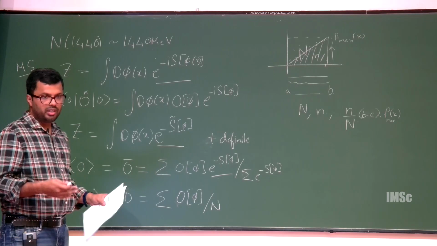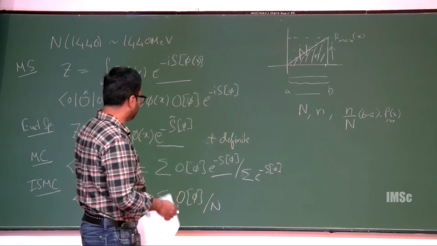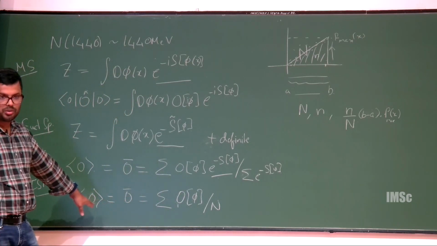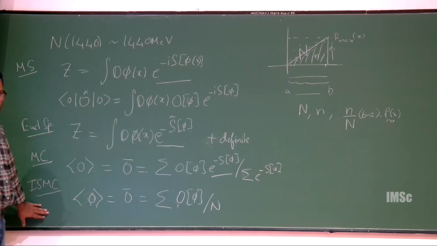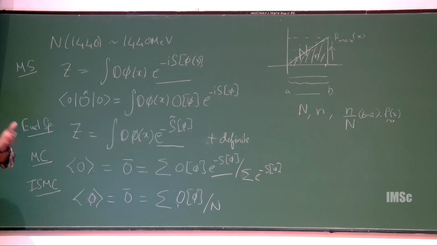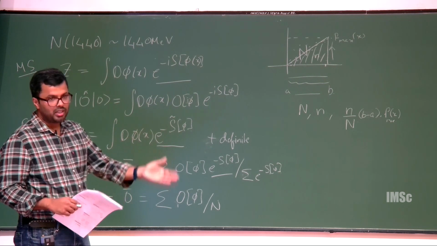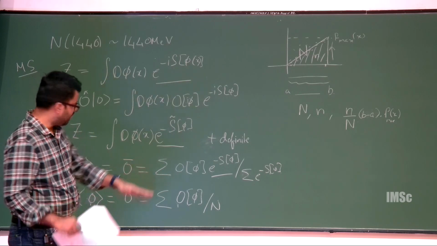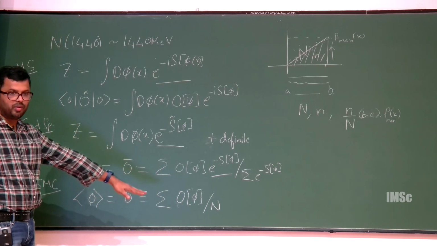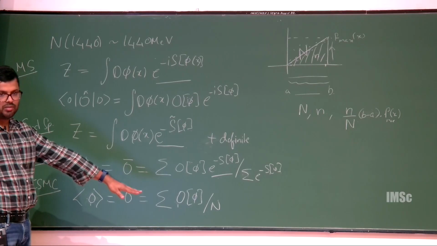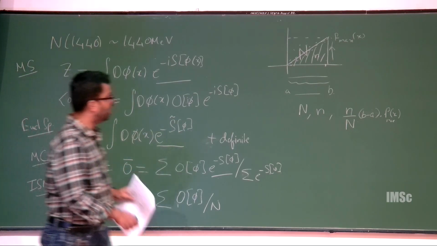There are many more intricate details that one can talk about. All I want to say is that we do something called importance sampling Monte Carlo, and if you get a feel of it, then you can just go forward. It's not really necessary to know the details to understand hadron spectroscopy, but as long as you get an idea that you can evaluate the correlation functions this way, you can go ahead doing hadron spectroscopy.